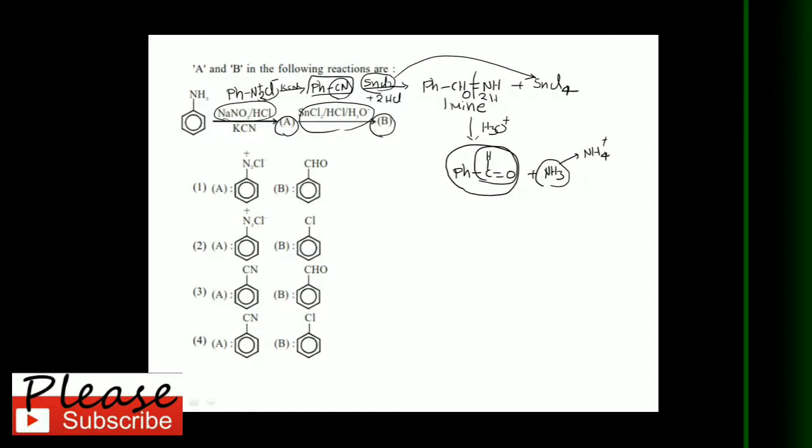Here SnCl2 is the reducing agent, so the reducing agent itself is oxidized to SnCl4. So answer is 1 actually. Oh, sorry, answer is this one, 3. Here KCN is also given, so that option 3 is correct.